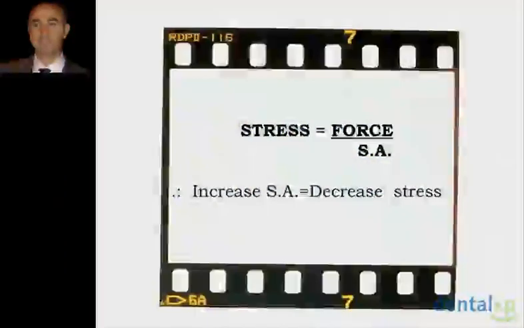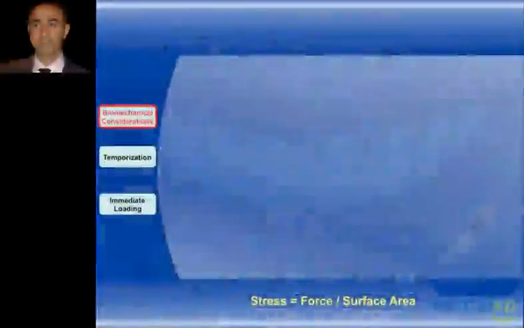And from this equation that we all know from physics, stress equals force over surface area. So really, when we're dealing with load, occlusal stresses, our main aim is to actually reduce the amount of occlusal stresses or load, so we have to take this equation, and by increasing the surface area, we decrease the stress itself. So how can we play in the surface area, and of what?